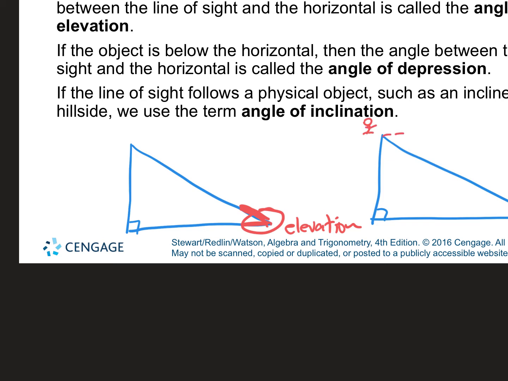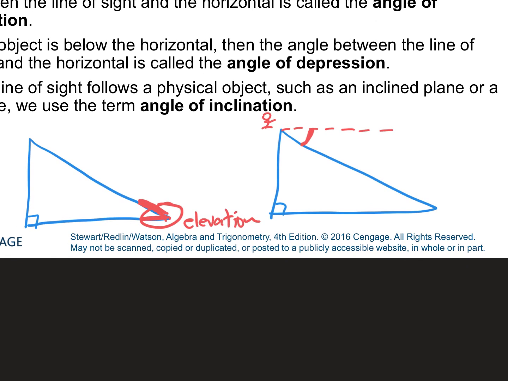So when here is the line of sight, the angle of depression is outside of the triangle. So sometimes, this is your angle of depression, right? If you guys are given the angle of depression, you can look at it two different ways. The angle of elevation is created generally with the ground, and it's inside the triangle. Your angle of depression is outside the triangle.